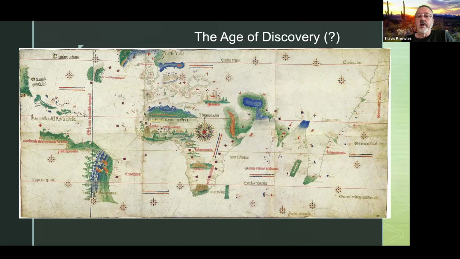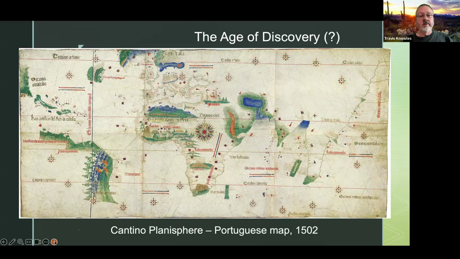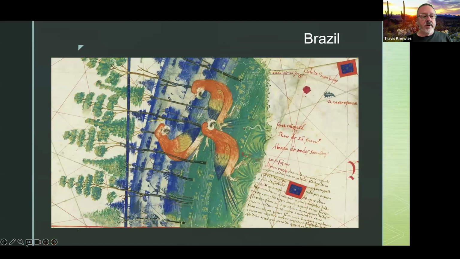And if you go over to the right side, you can see what appears to be something like maybe India, and then it's not too clear what all this landmass is over here. And in fact, this is an ancient map, and it's a very famous map now. It's known as the Cantino Planisphere. And I have to get out of my pointer now and use my slides again. Oops, let me go back.